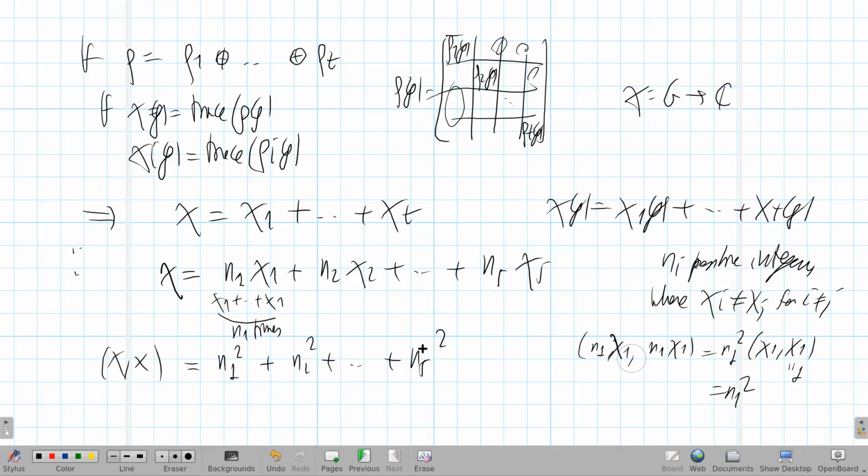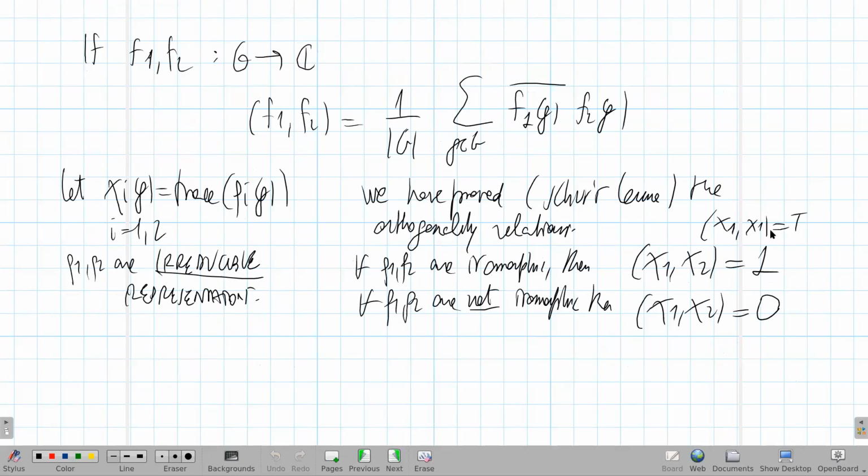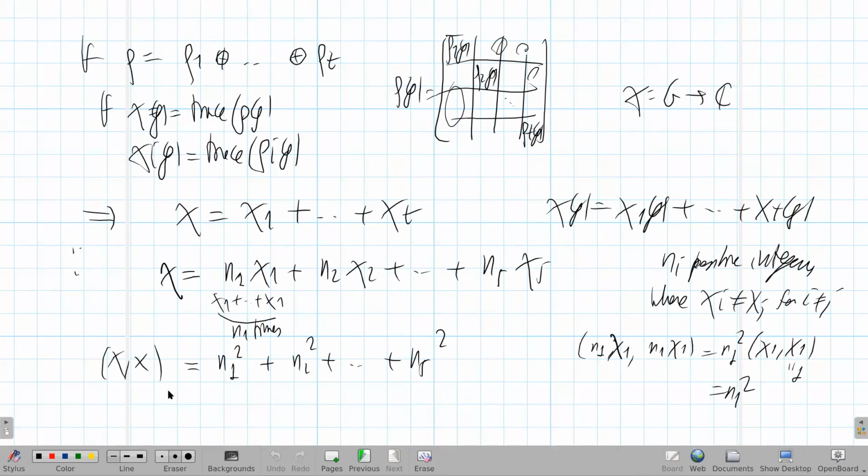Because you can now define an irreducible character. We know that an irreducible character has this property, that if chi is irreducible, this inner product is 1. But conversely, if this product is 1, this means that you have only one factor and it's 1, okay?